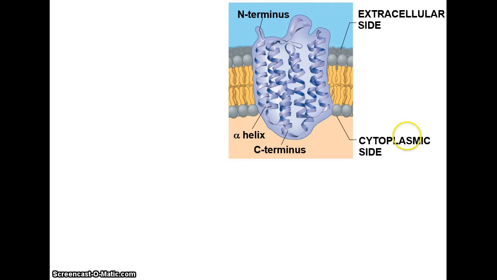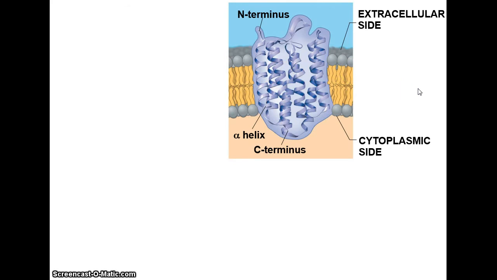Alright, and here's a diagram of a protein in the cell membrane, and hopefully you recognize the alpha helixes. Remember, this was from our biochem chapter where we talked about how proteins had secondary structures, and it turns out, if you notice, that the alpha helixes are sort of aligned with the lipid portion, and that would mean that the alpha helixes must be hydrophobic.